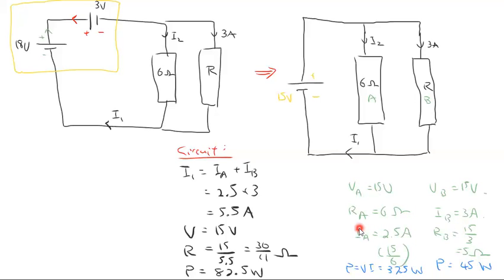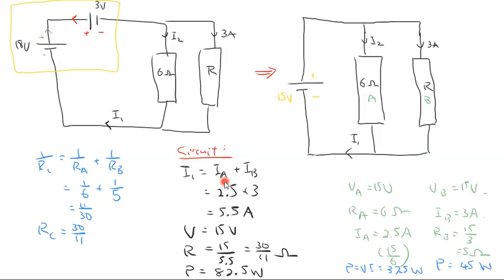It should be. So now, imagine I didn't work out the current this way, but I went with working out the resistance, which I could have. So 1 over the resistance of the circuit is 1 over the resistance of A plus 1 over the resistance of B, which is 1/6 plus 1/5. So 1/6 plus 1/5 is going to be 11/30. So the resistance of the circuit is 30/11, which matches.